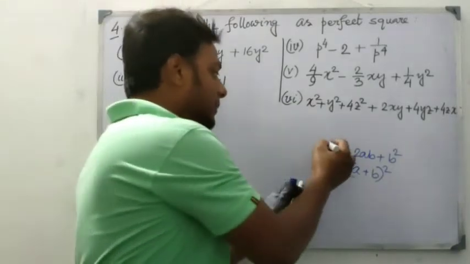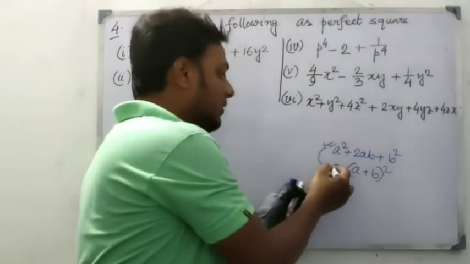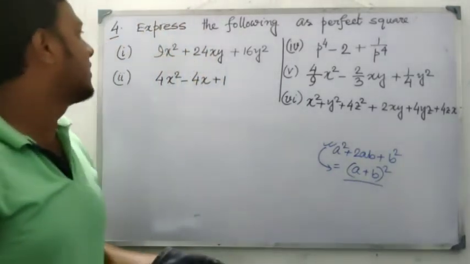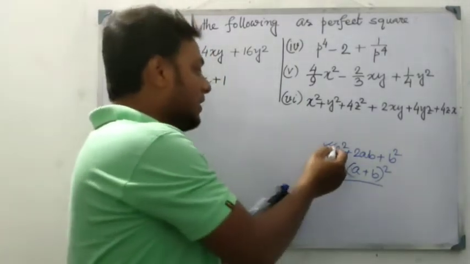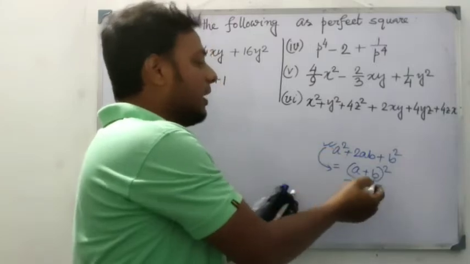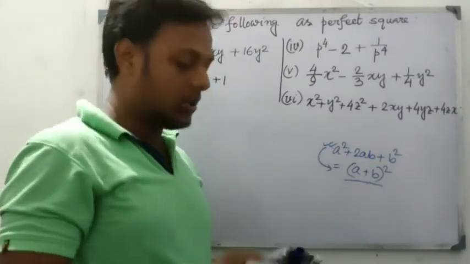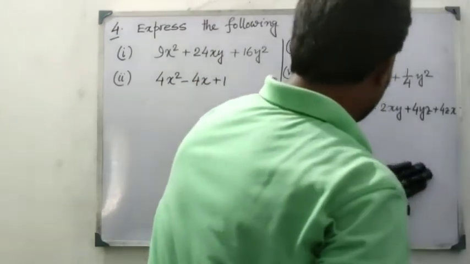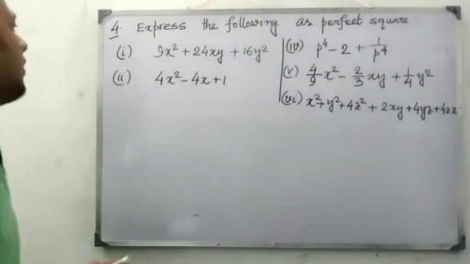So this is the expanded form and this is the expressed form. If we express this into the perfect square, then we will get (a plus b) whole square. Okay, so our target is to convert all these into this form.